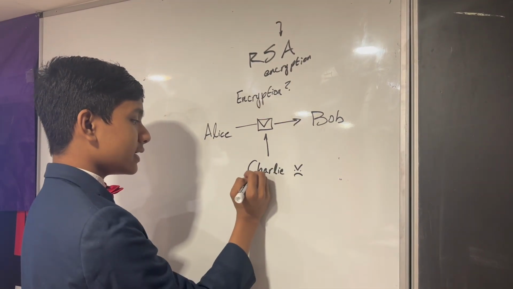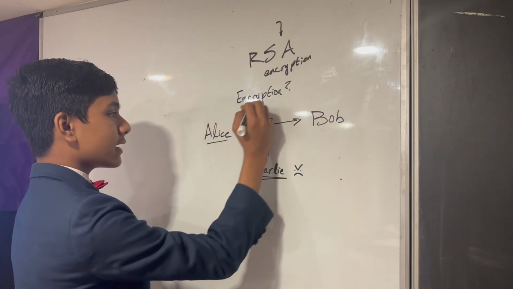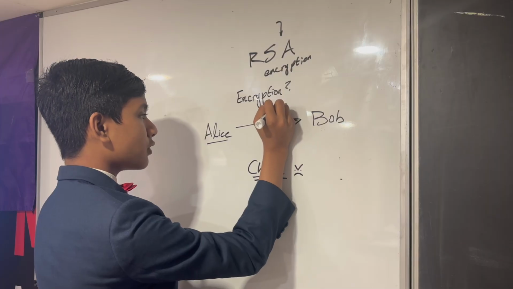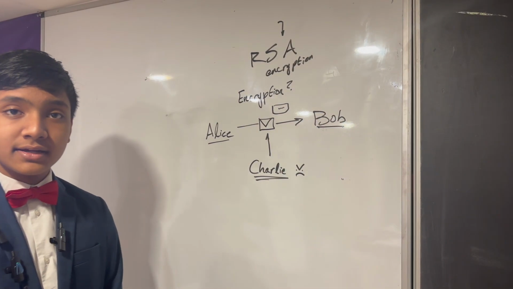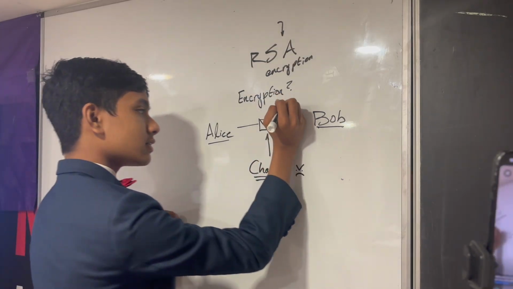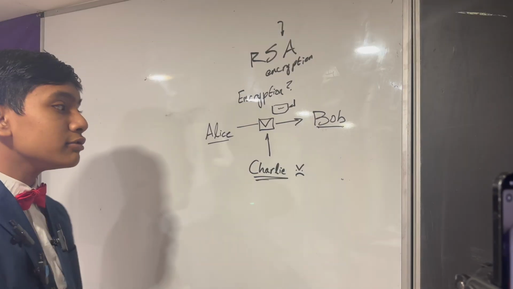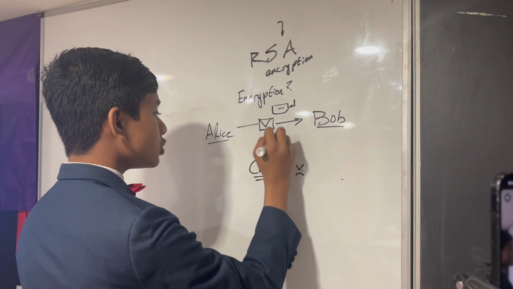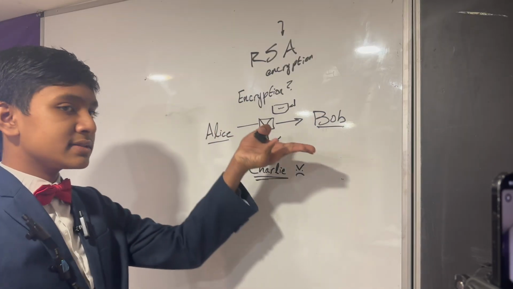Let's say Charlie is a malicious hacker. Alice is sending, I don't know, some credit card info or something to Bob, and Charlie is in desperate need of money. So he wants to get all of that credit card data.